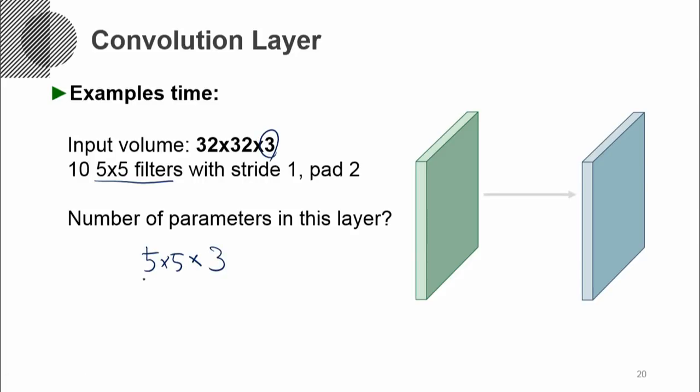And then for the number of parameters contained in each of our filters, if we remember how we computed this activation map, it was shown in this form.